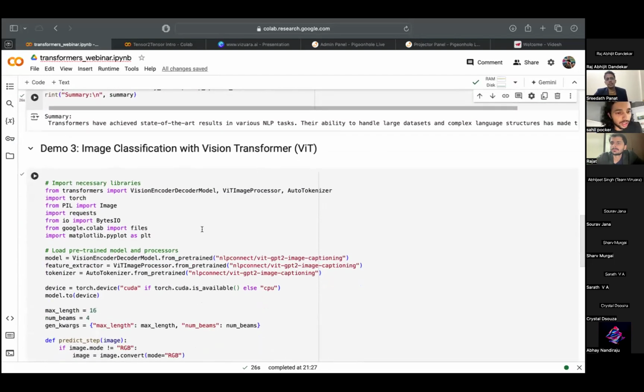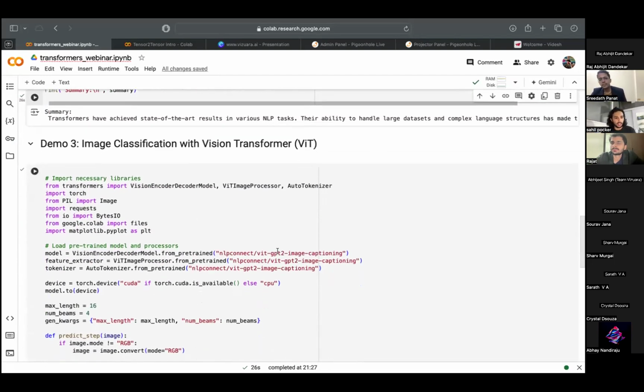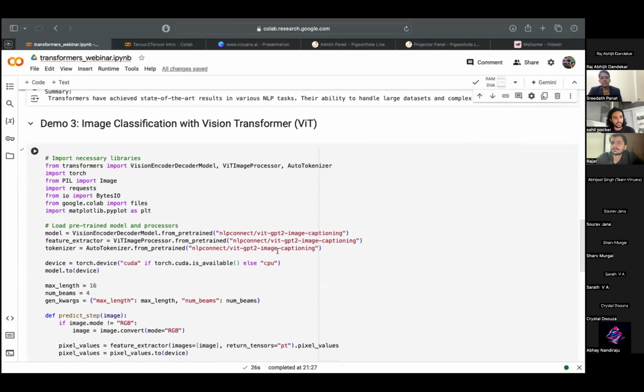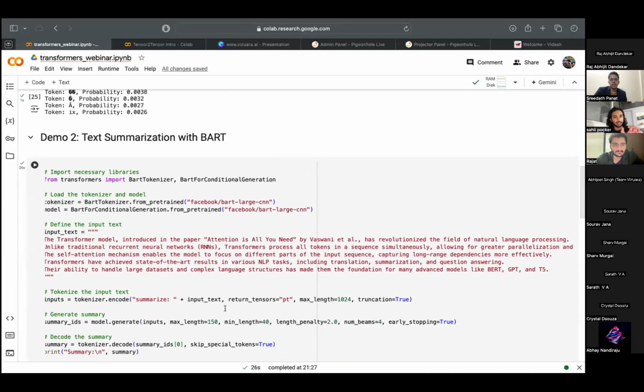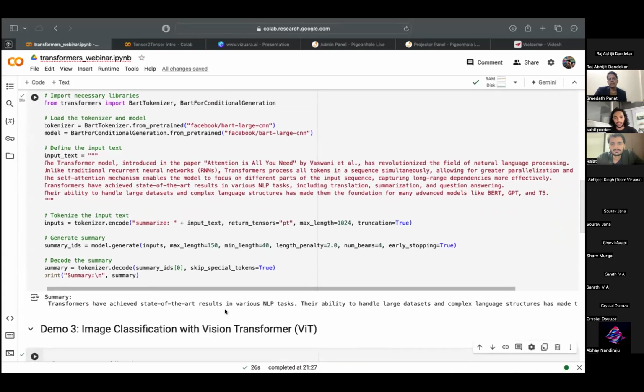Another thing I want to show is something with vision transformers. And all of this is using Hugging Face itself that I'm running. I'm not coding all of this from scratch. In the course, I also have a place where I'm coding all of these parts, like self-attention, where I'm explaining what self-attention is and also implementing each of the parts in self-attention too, so that you have a more in-depth understanding.